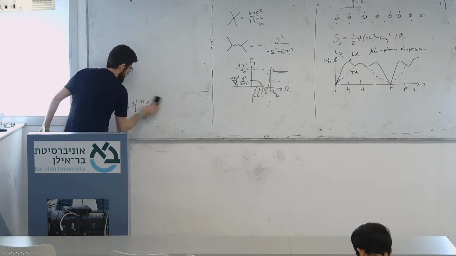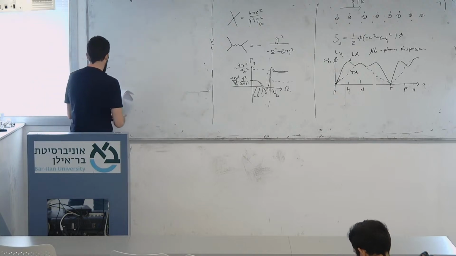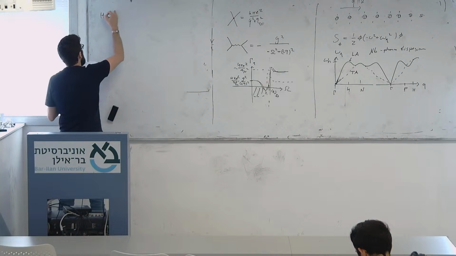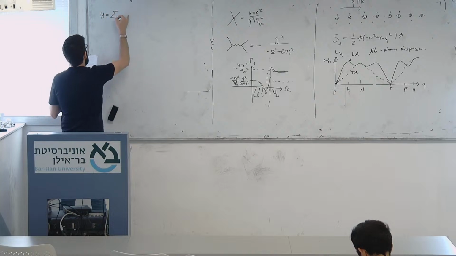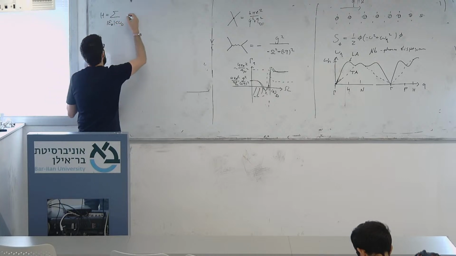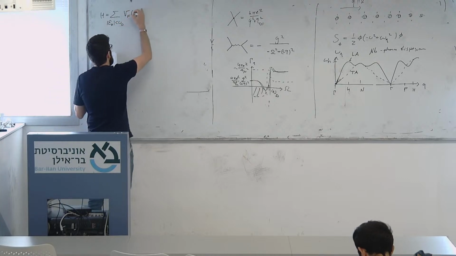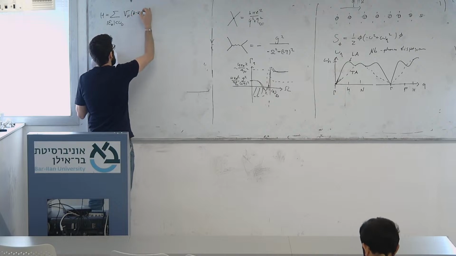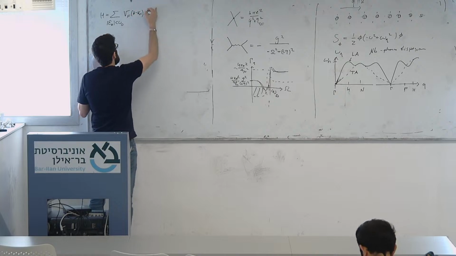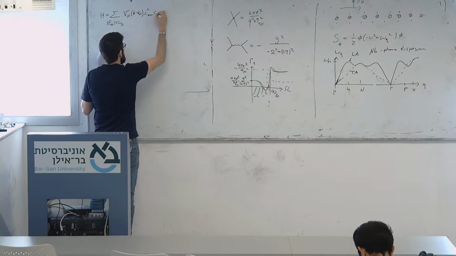So they wrote down a Hamiltonian like this. H is equal to a sum over k, epsilon_k smaller than omega_Debye, v_F (k minus k_F) c dagger_k sigma c_k sigma.